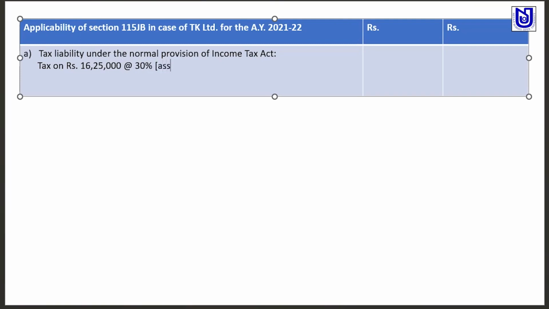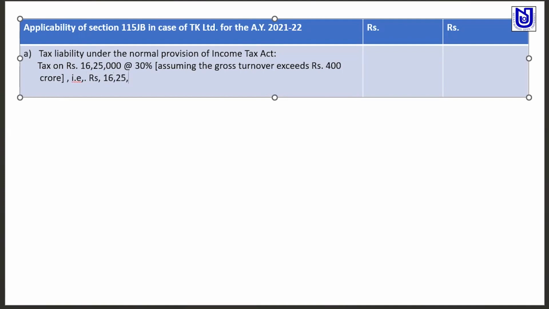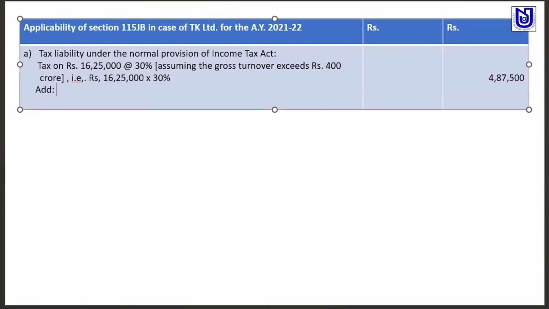So, assuming the gross turnover exceeds rupees 400 crore, that is rupees 16,25,000 into 30%. It comes to how much? It comes to 4,87,500.